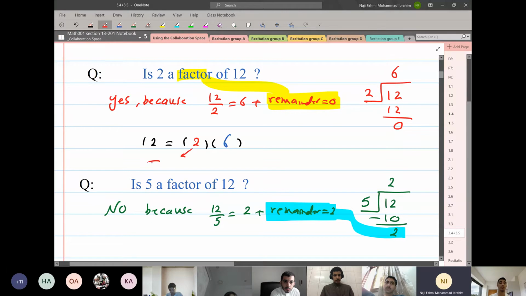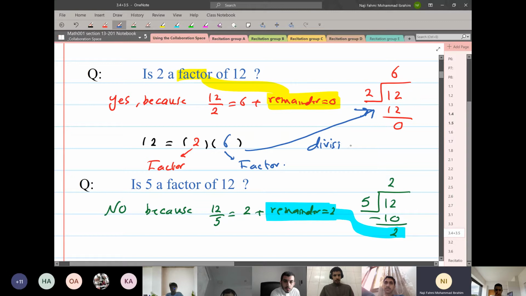Do we call the 2 a factor or not? Yes. So is 6 a factor or not? Yes, factor. So how did we find the 6? Look here. We used what? Division.